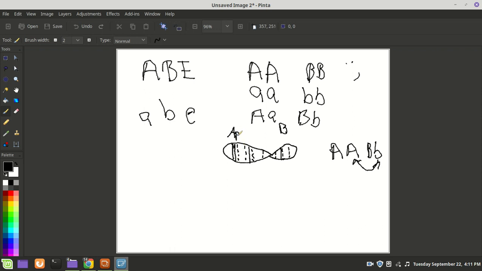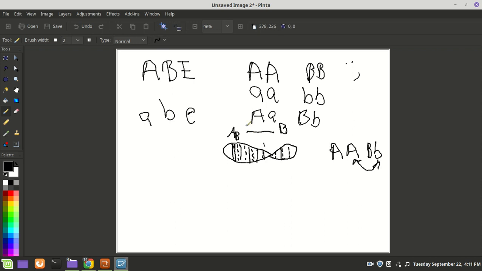B would be right here. But it happens a little more often if you're here, or a little more often if you're here, or here, or here. And so the further away, the more often you would get the crossing over. So how far away you are can be measured by how many of these events occur.